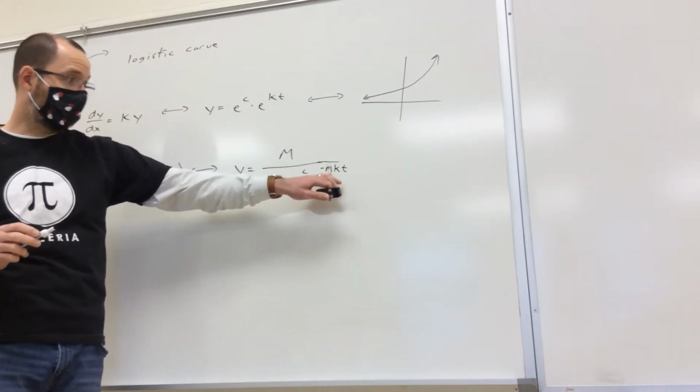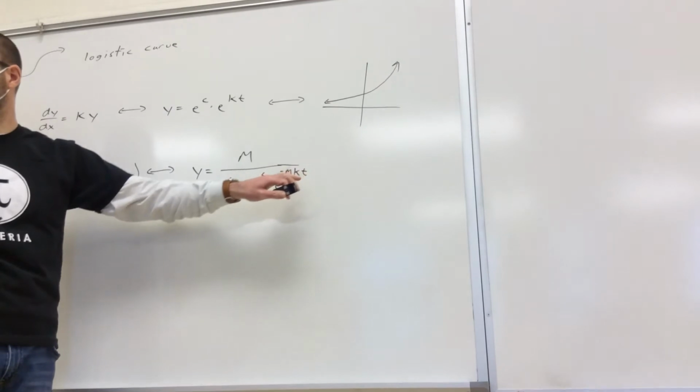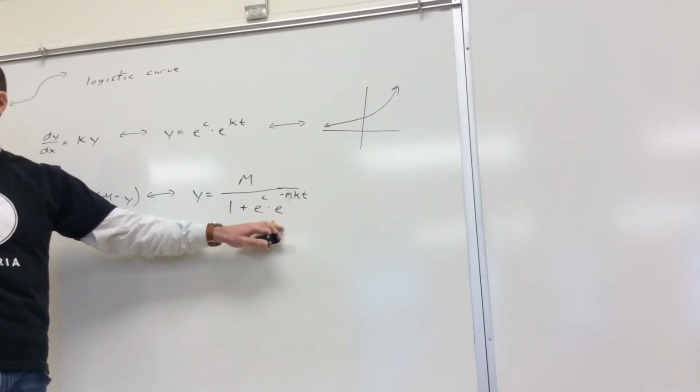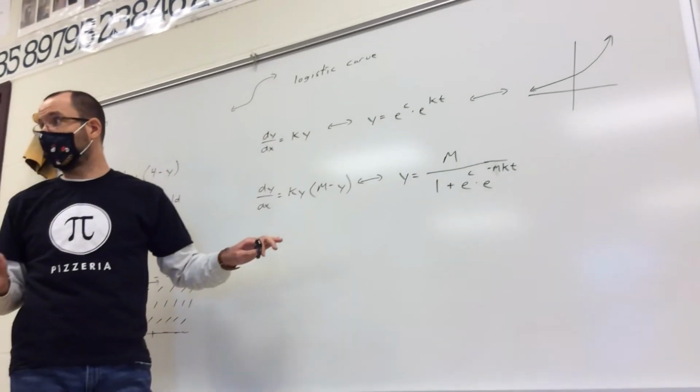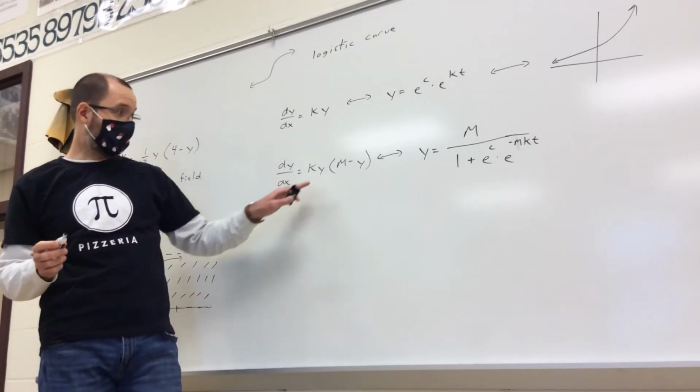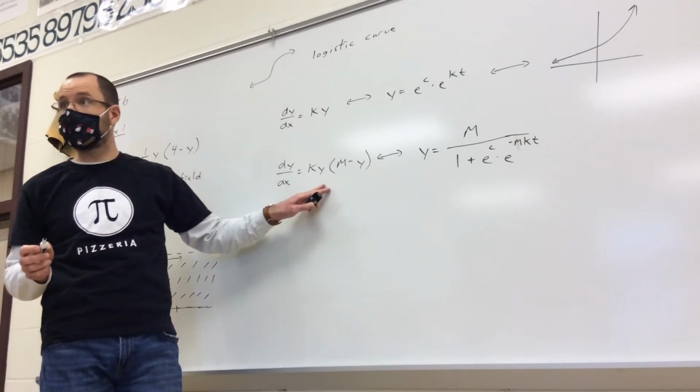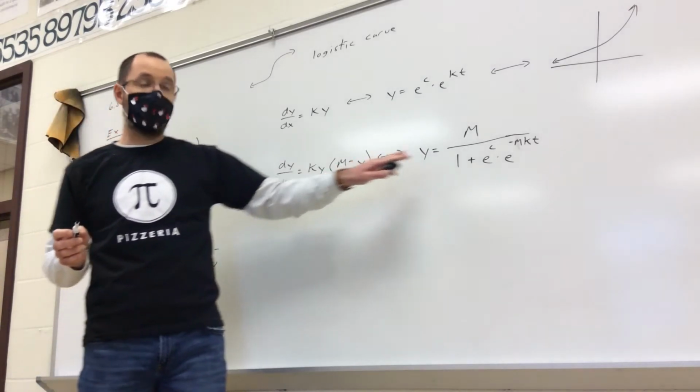This power here is negative mkt. So I'm just asking you to take my word on it, that if we did the antiderivative of this, we would end up with that.